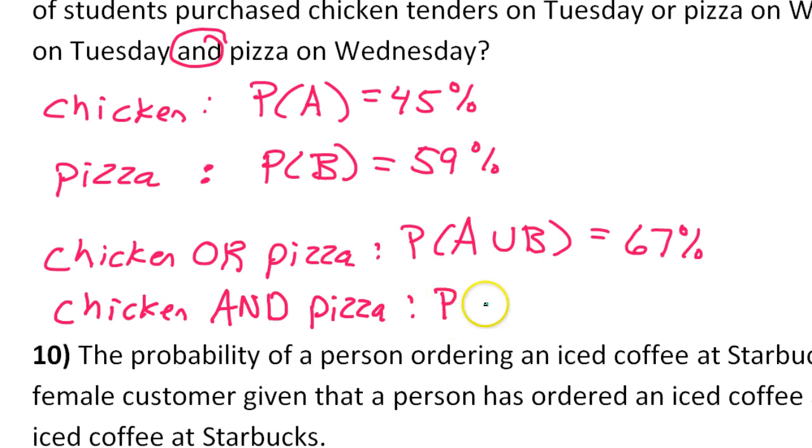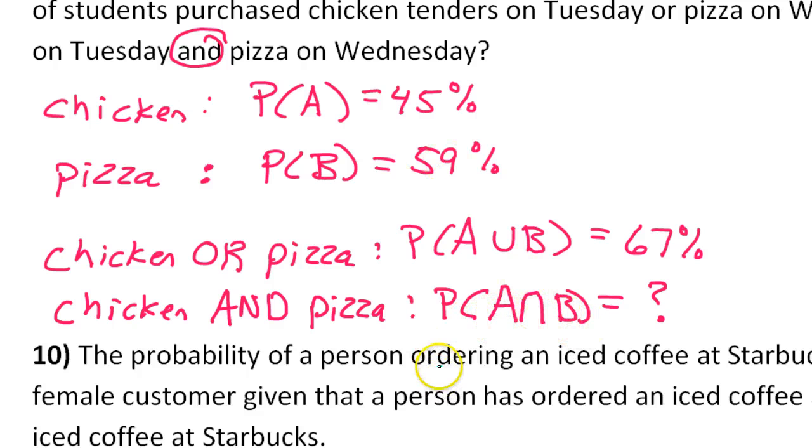So in symbols, we're supposed to find the probability of A and B. So we're given these three things: probability A, probability B, probability of A or B, and we're supposed to use those to find this fourth thing, the probability of A and B.